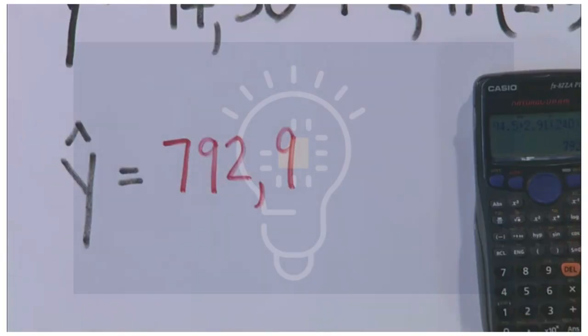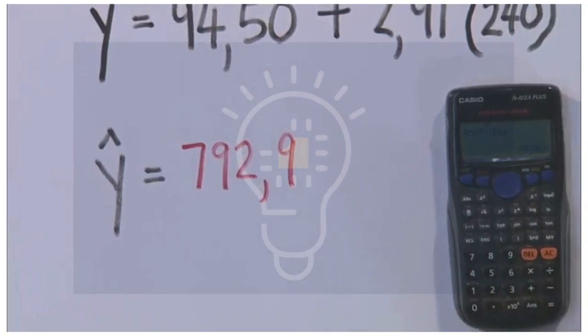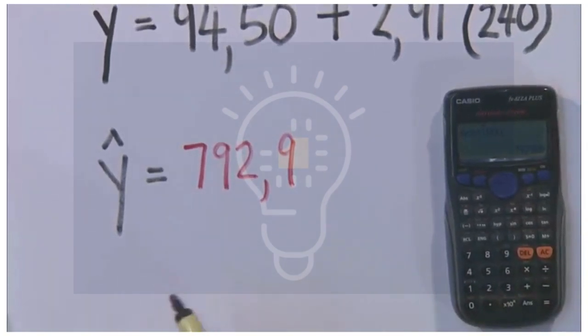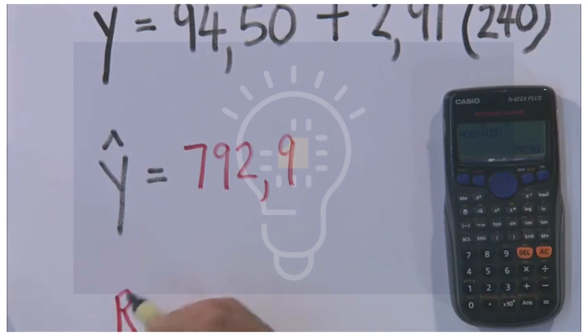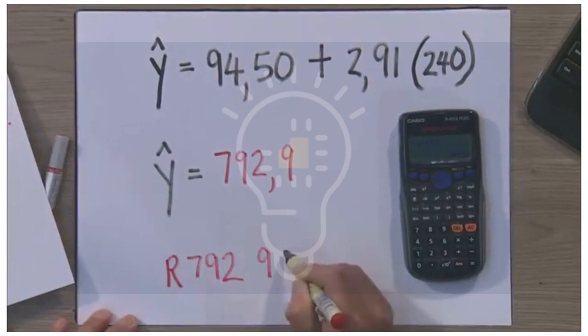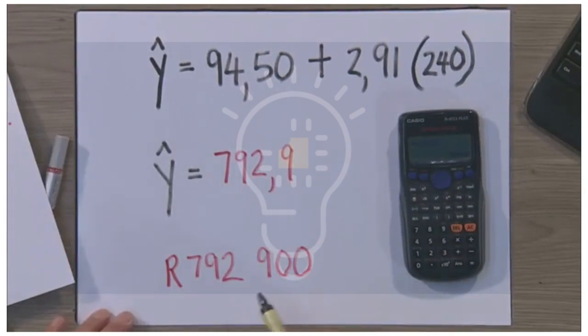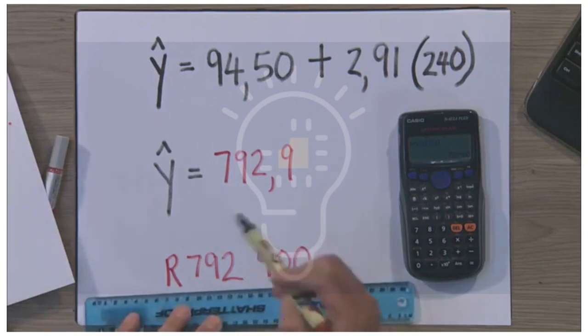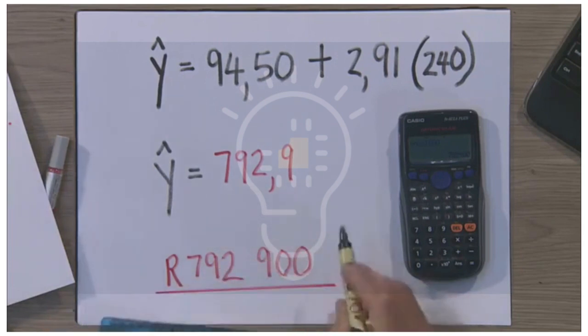So what I need to do with this answer is multiply this by 1,000, and there my final answer is in rand. I'm going to have 792,900 rand. That is my final answer for question 2.3.